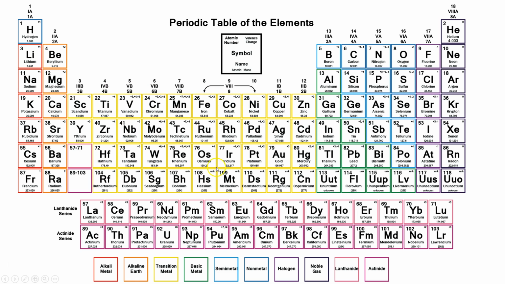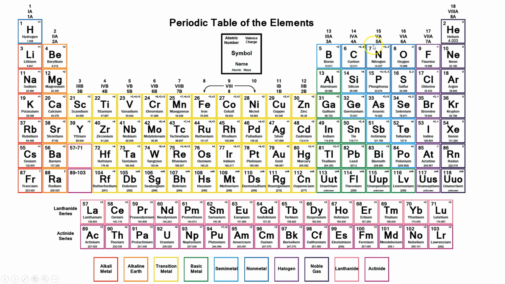They don't really follow a trend, so we skip this block and go on to group 13. These elements in ionic form will have a charge of +3. These will usually have a charge of +4, but the charges do vary.